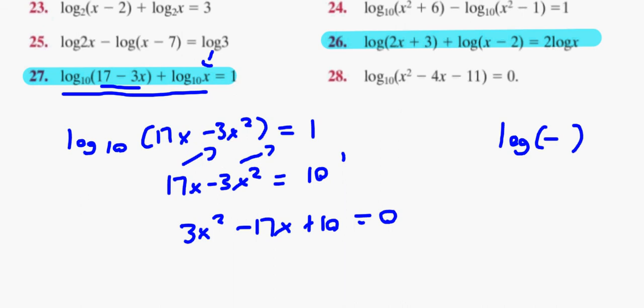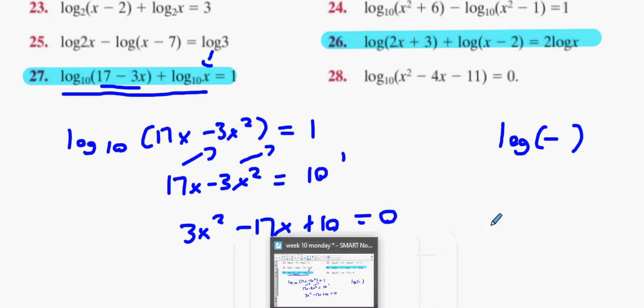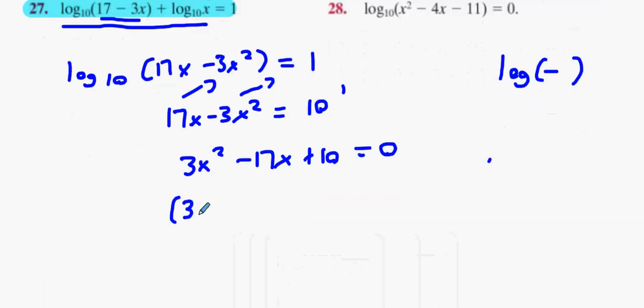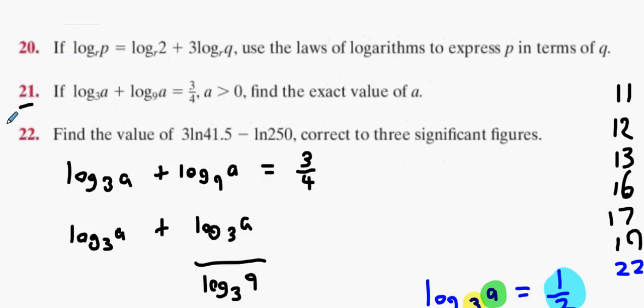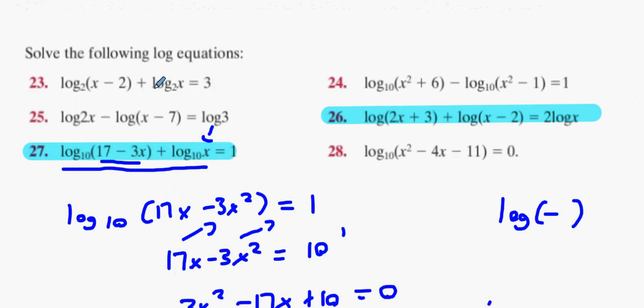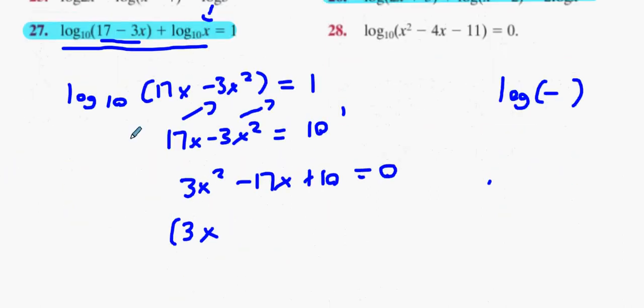Alright. Now. Okay. Green part always becomes yellow part to the power of blue part. So do you get that?